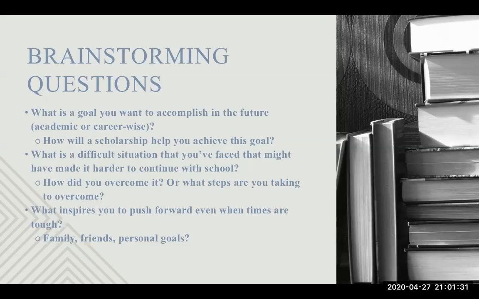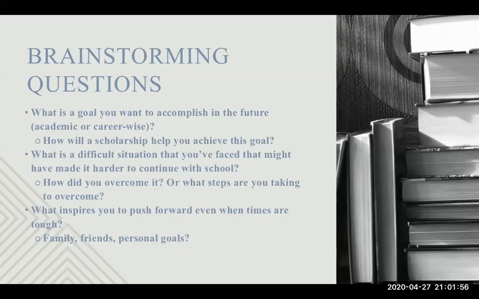The second question is, what is a difficult situation that you faced that might have made it harder to continue with school? A lot of scholarships really want to see how you handle tough situations and how you're able to navigate those tough scenarios.